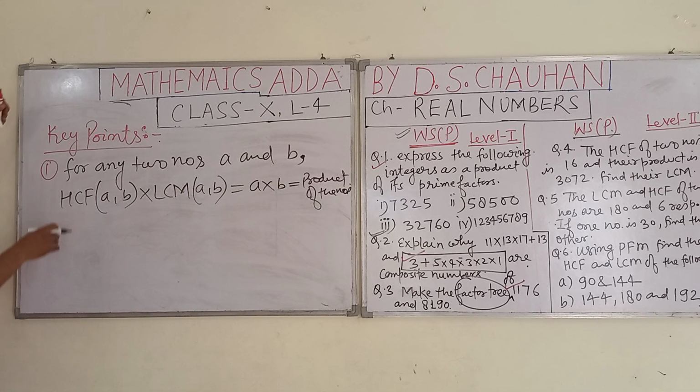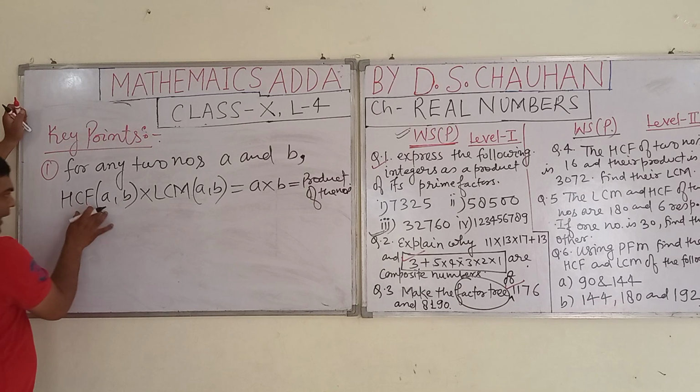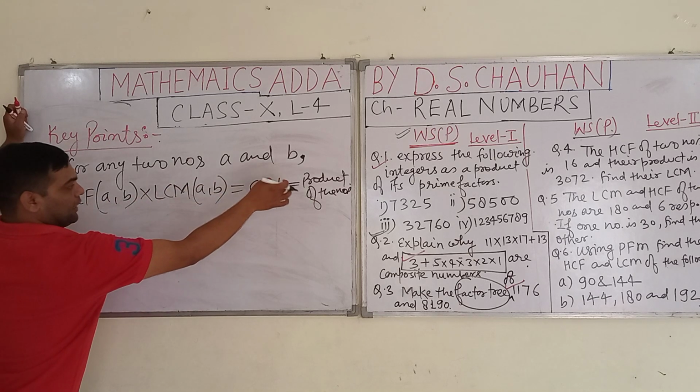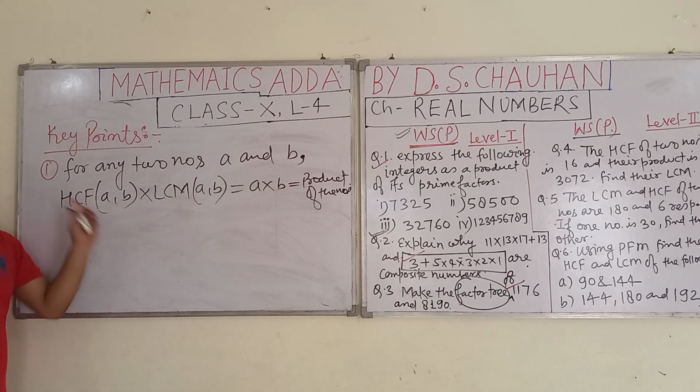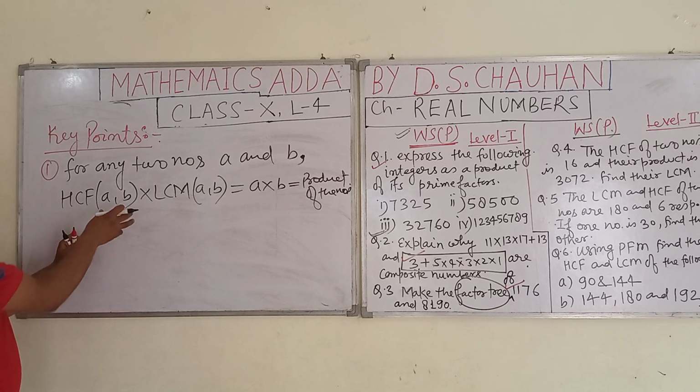Well students, out of these four, HCF, LCM, first number, second number, if any three are given, we can find out the fourth one with the help of this formula.